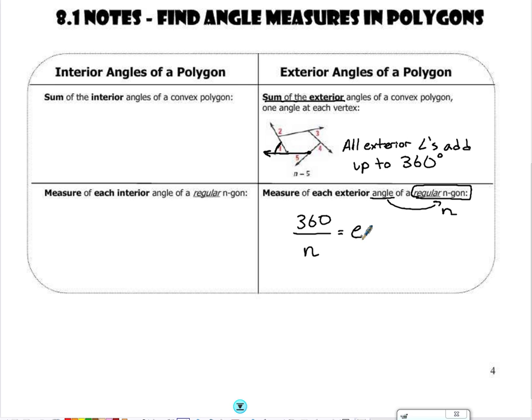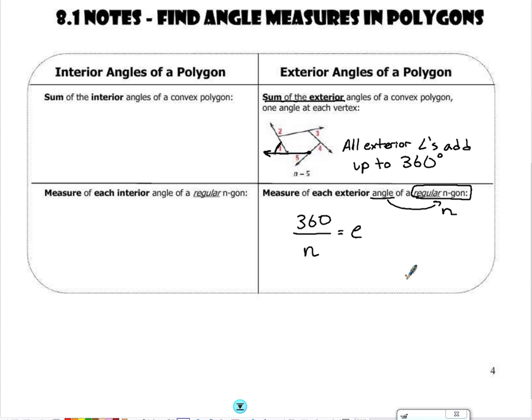I'm going to use the variable e to represent that. So in an example where n is equal to 5, if I divide 360 by the number of sides, 5, I find that each exterior angle is equal to 72 degrees.